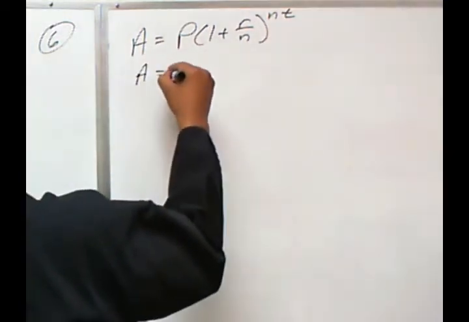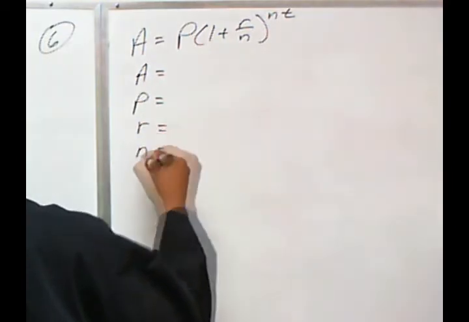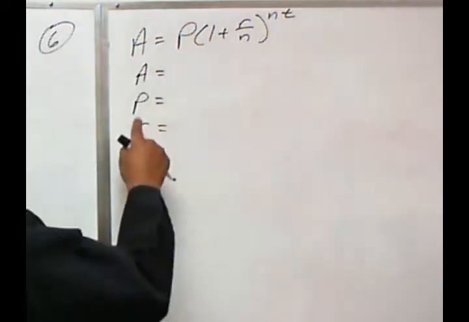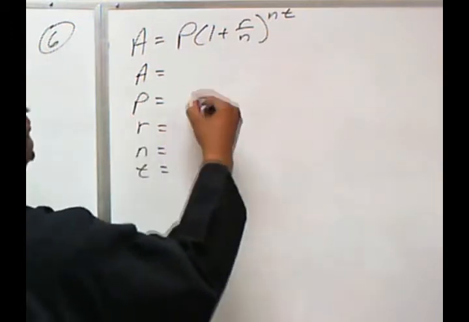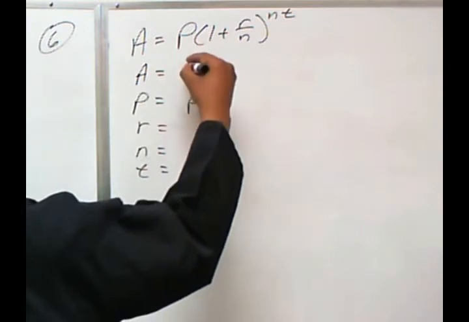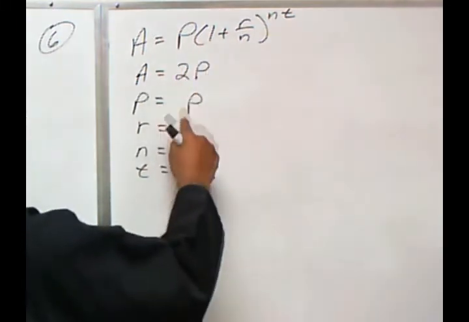So we define A, P, R, N, and T. We want to double any investment, so P is not given, and the original principal will remain P. The amount we're trying to get at the end will be 2P.